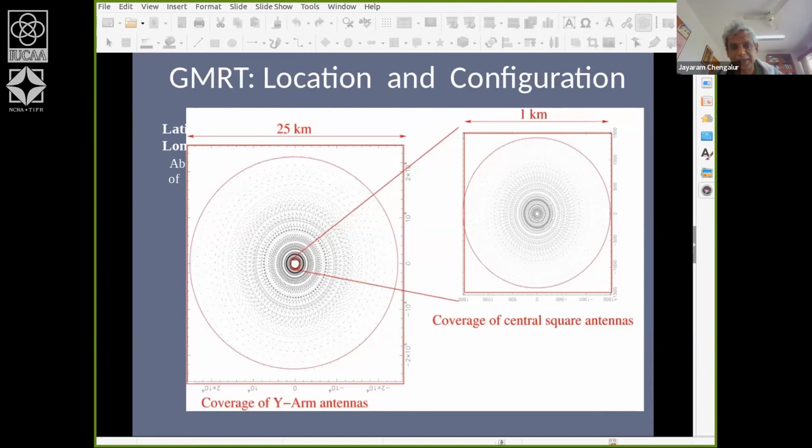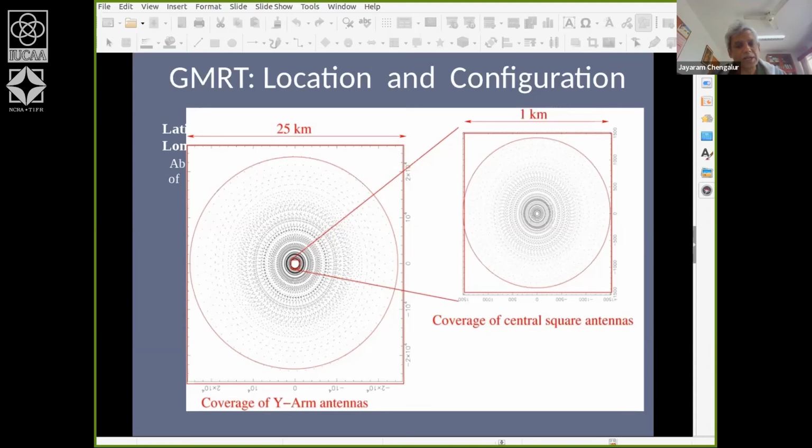I have it only up to about 25 kilometers. Beyond 25 kilometers, I have no information. And even inside 25 kilometers, I only have it at discrete points, points at which there happen to be antenna pairs at some point in time. So I have a finite set of measurements.